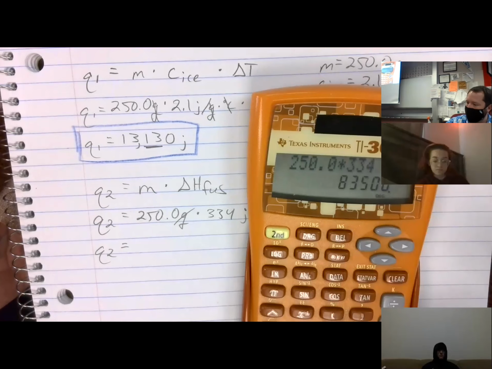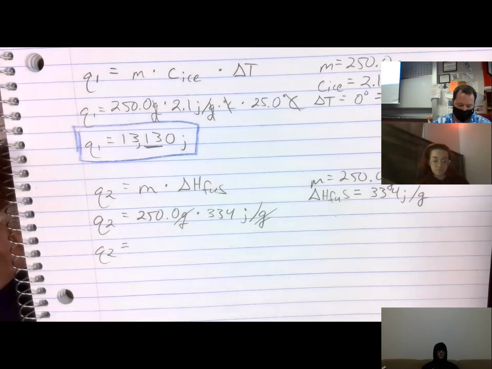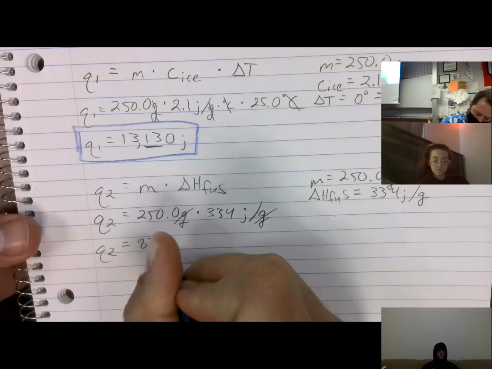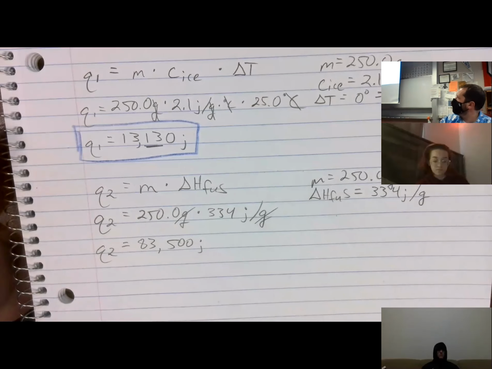The zeros are not significant unless I put a decimal after them, but I'm not going to do that. So it's not significant. So 83,500 joules. No underline needed. They're all significant. Cool, cool, cool.